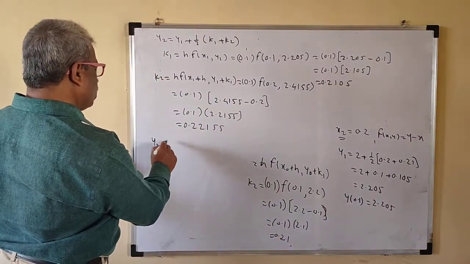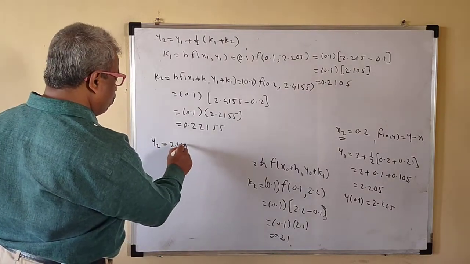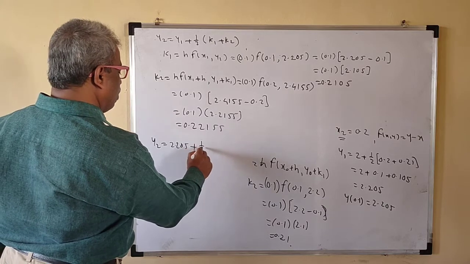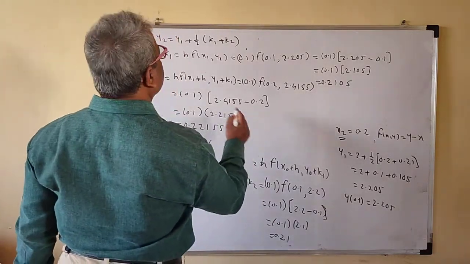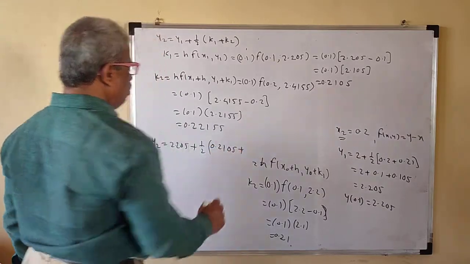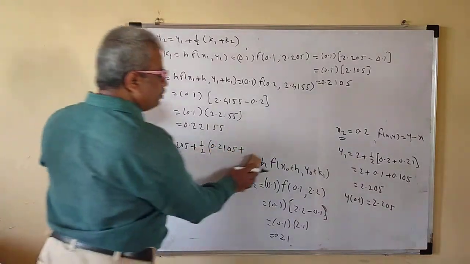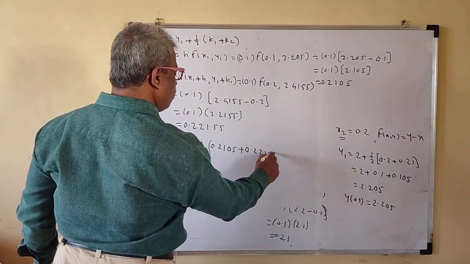So your y2 is equal to y1, which is 2.205, plus 1 half of k1 plus k2. Your k1 is 0.2105 and your k2 is 0.22155.